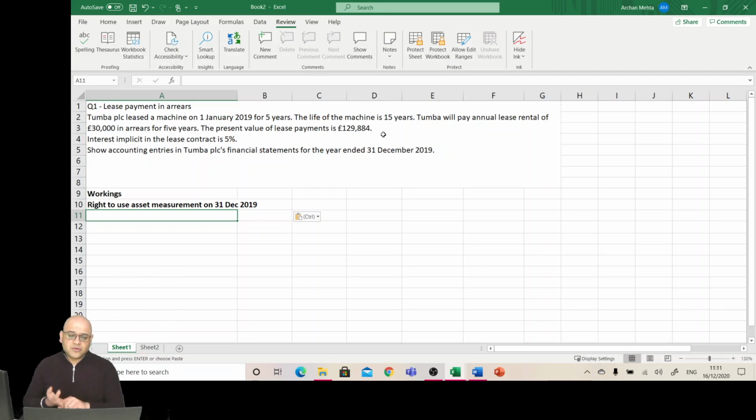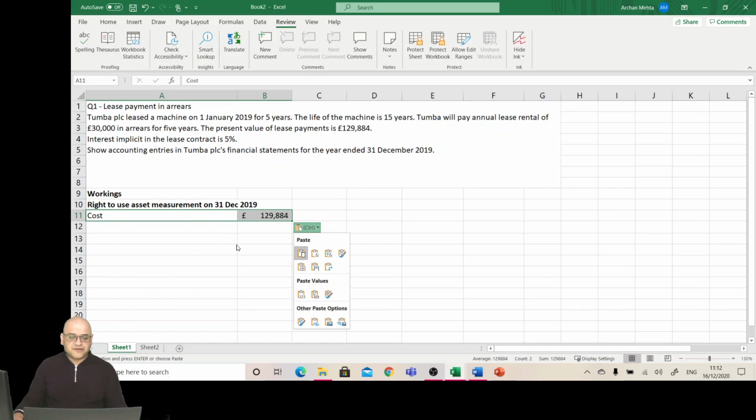For example, in order to install this machine, if lessee has to pay money to people who are installing the machine, or Tumba needs to clear the site to install the machine, those are the directly attributable costs. If those are given, we need to add those to the cost of an asset. In this case, there are none. So we are going to recognize initially the right to use asset at the present value of future lease payments, 129,884, at the start on 1st of January 2019, when the lease contract was drawn.